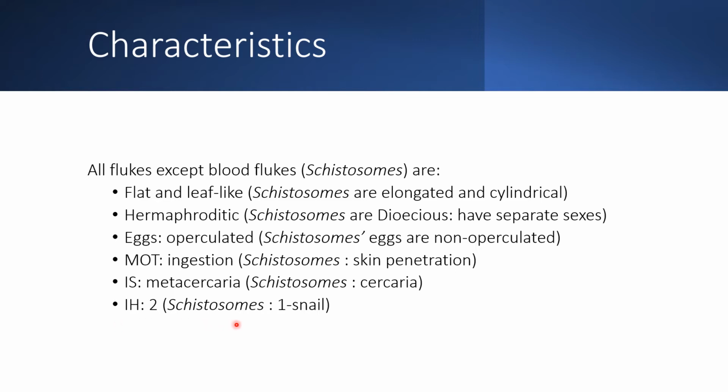Since schistosomes have only one intermediate host, definitely only the snail is required in its life cycle. And then the rest have the first intermediate host, which is the snail, and they vary on their second intermediate host.